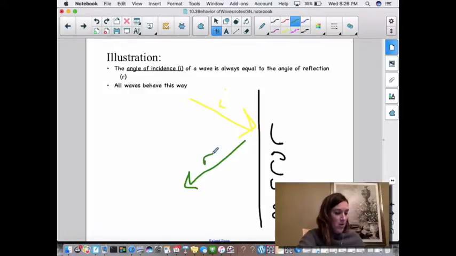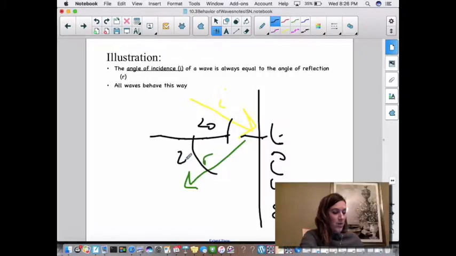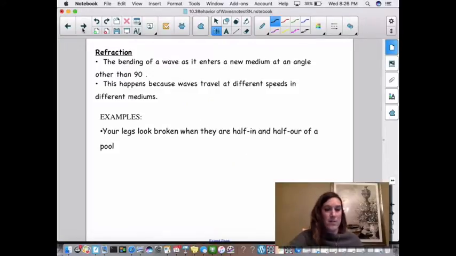So I'm going to label that R. So we're going to pretend that there is this imaginary line going through that. So as the flashlight hits the mirror, let's say it hits it at a 20-degree angle. That means it's going to bounce off at a 20-degree angle. So the angle of incidence always equals the angle of reflection. All waves react this way, not just light.